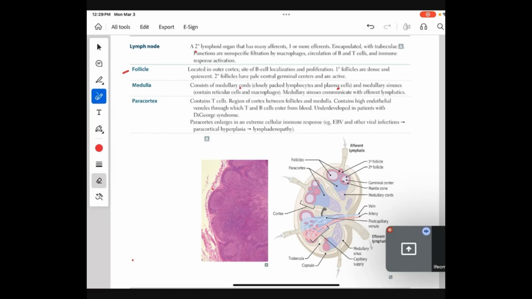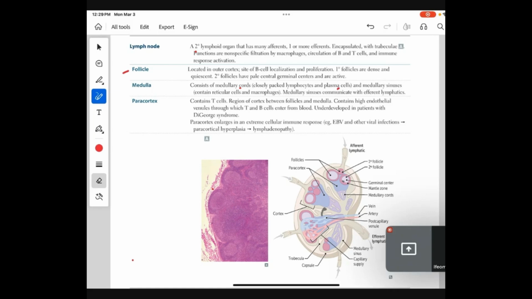And then we talked about DiGeorge syndrome, which is a disorder that affects the development of the thymus, a disorder of the third and fourth pharyngeal pouches that will affect the development of the thymus, and the thymus is required for T cell maturation. Hence you have T cell dysfunction, and then the T cell dysfunction will mean the T cells cannot go to the paracortex of the lymph node.